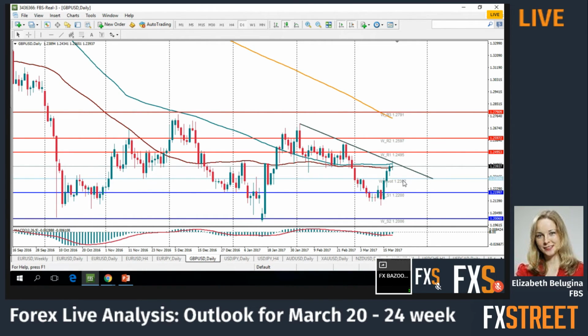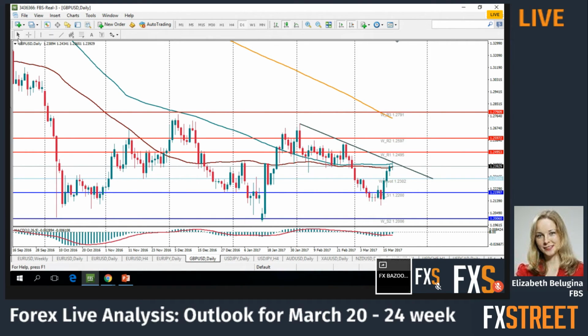If we look at the daily chart, we can see that this may be especially true as the pound has met resistance in the form of a resistance line, which connects February highs. And also here are some levels of resistance in the form of 100-day and 50-day moving averages.